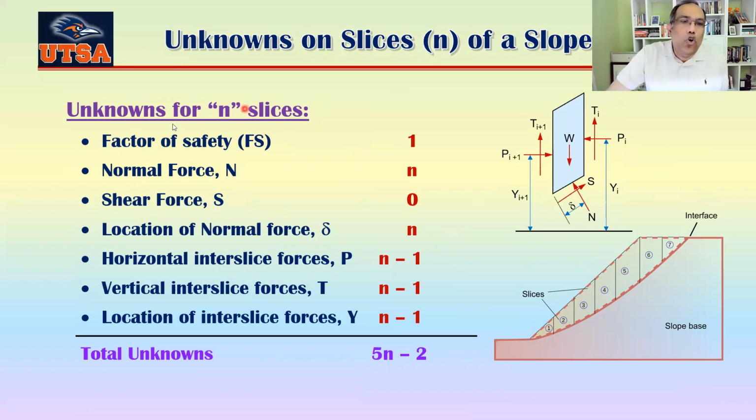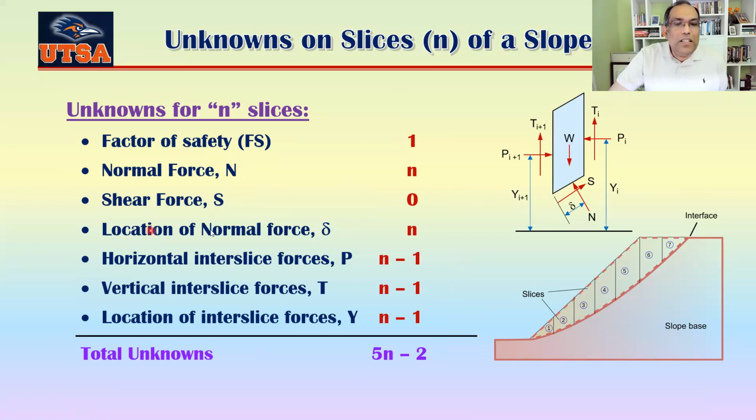Now what I don't know here: the factor of safety for this slope, that's one unknown. Normal force, that's n unknowns, right? 1, 2, 3, 4, 5, 6, 7. So that's n unknowns. Shear force, basically 0 unknowns, because I know the factor of safety, and if I know my N, then the unknown for shear force would be 0 here.